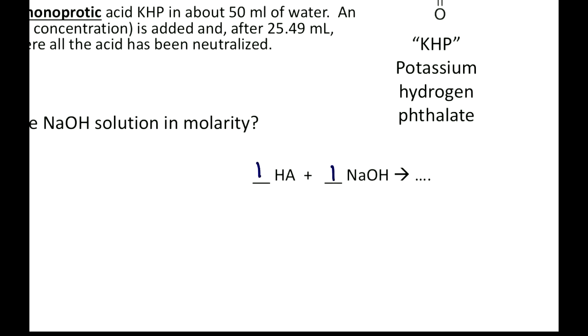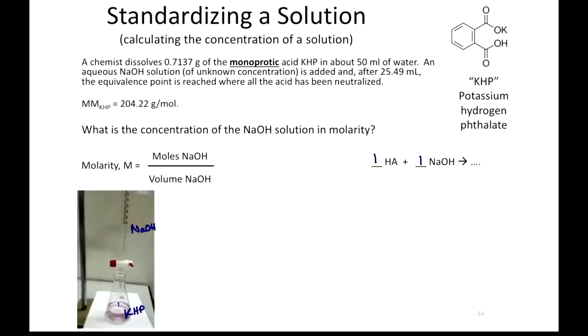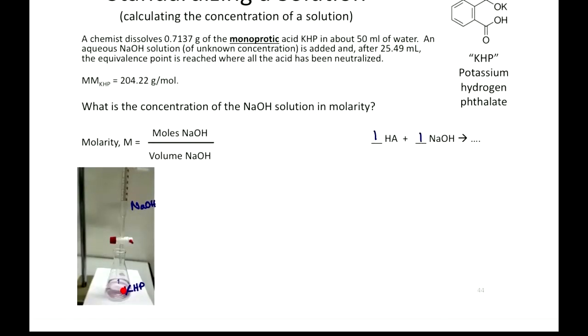That's important here. If you were doing this in lab, if you were actually standardizing it, what you would do is weigh out that KHP and put it in the bottom of your Erlenmeyer. You would measure the starting point of your unknown concentration of base, write down that initial volume, and then start adding base until the first pink color persists within your KHP solution.